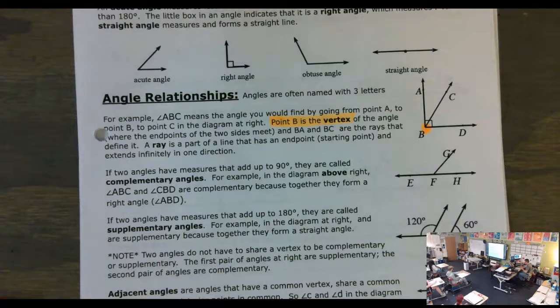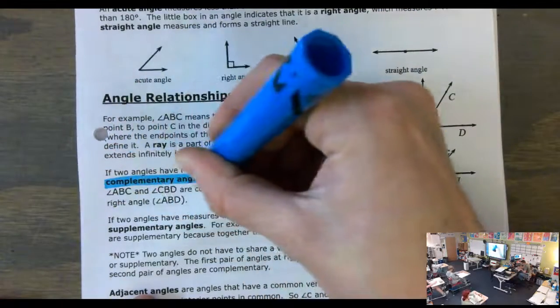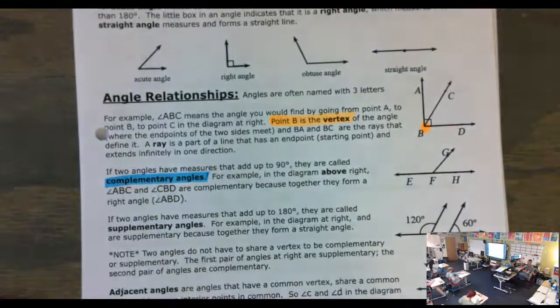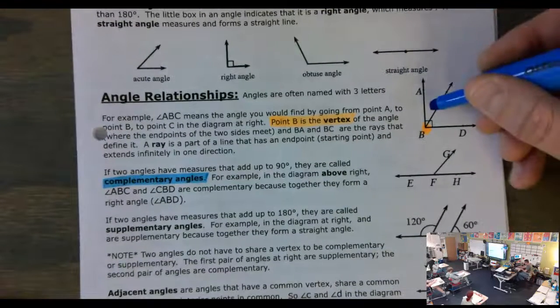Complementary angles together form a right angle. So complementary angles, guys, the other thing that really means is they complement each other because then they look nice. So complementary angles form a right angle because that looks nice.